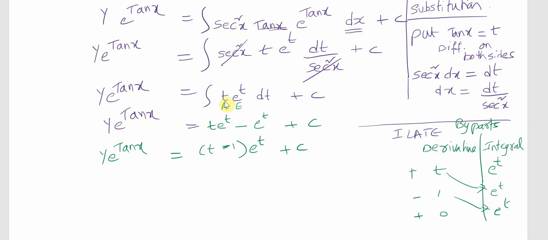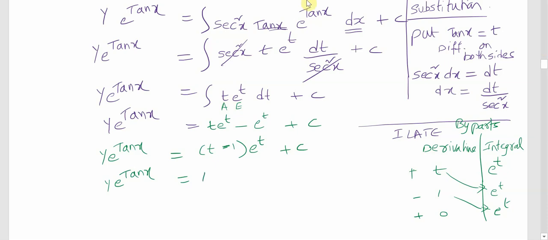And if you see here, t is actually a new thing, t is actually tan x. So for t we need to write tan x.